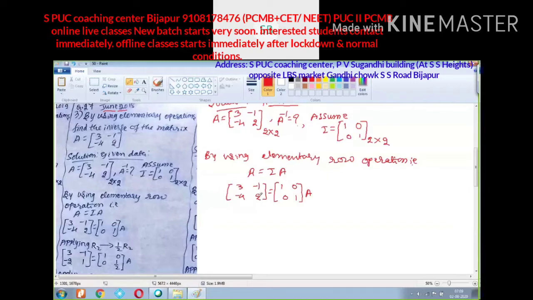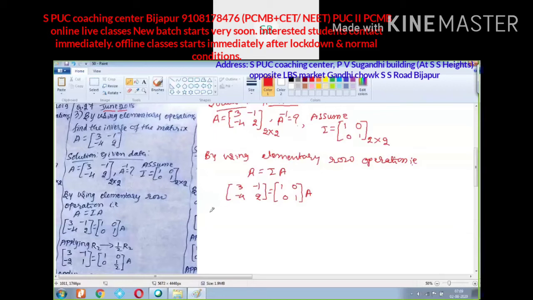To make this a 1, it is very easy to divide by 2. If you do 1 by 2 into R2, you are going to get this immediately as 1, and thereafter it is going to come out as -2.